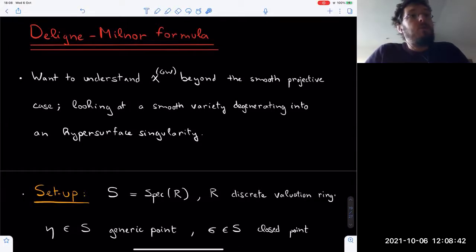I suppose as in classical enumerative geometry or classical topology, it's quite difficult to give general formulas for the Euler characteristic of a singular space. And so one situation that you can look at is just a smooth variety degenerating into an isolated singularity. So this is the context of this Deligne-Milnor formula.